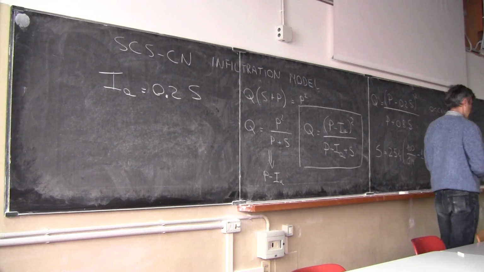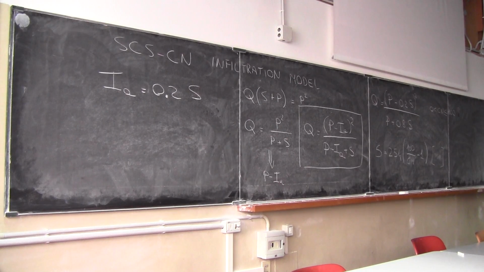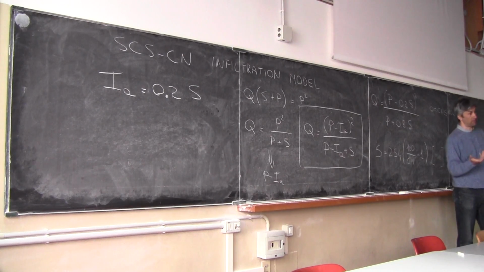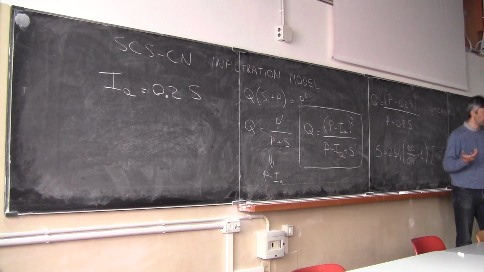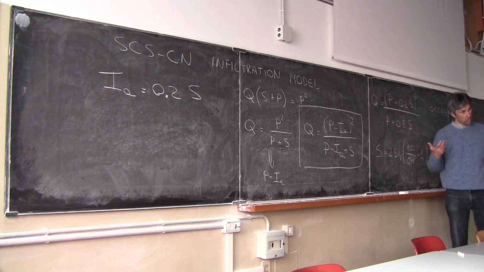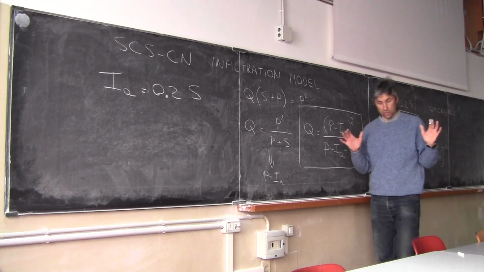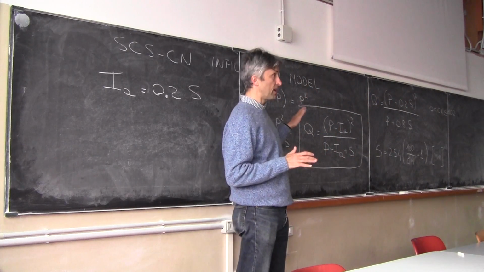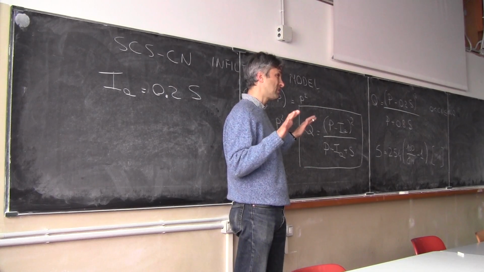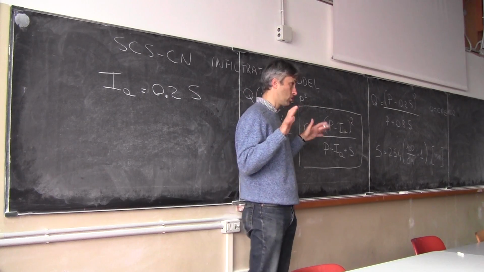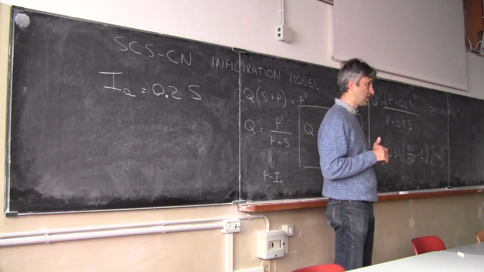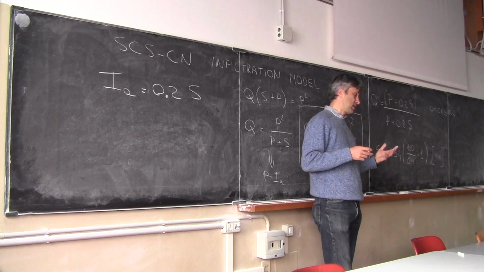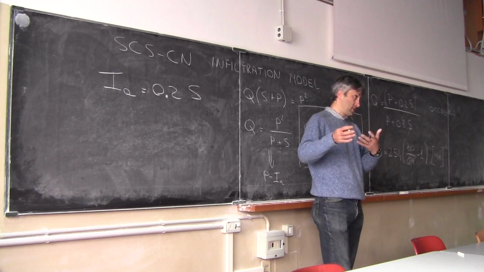So it's quite clear that the Cn value depends on the infiltration capacity of the soil, and therefore depends on the soil behavior. In particular, the SCS suggested that Cn depends on soil type and land use, or land cover. Soil type is basically different with respect to land use.